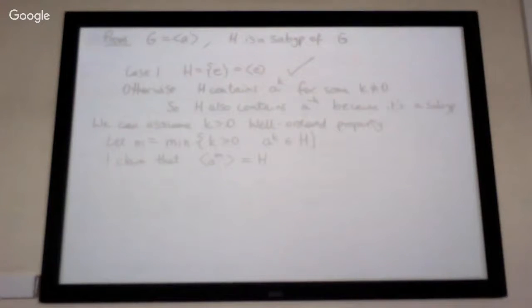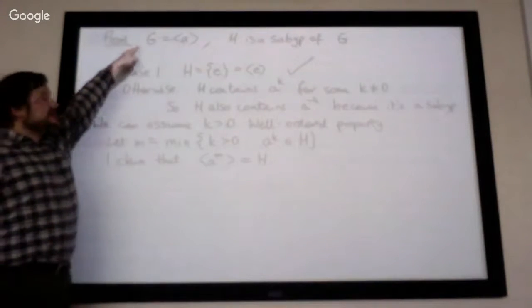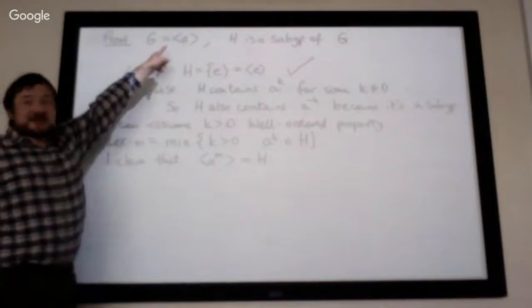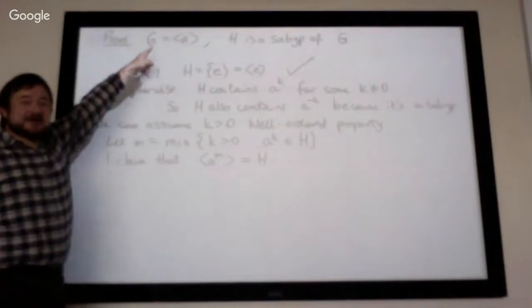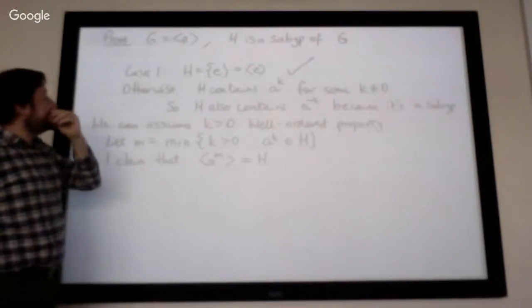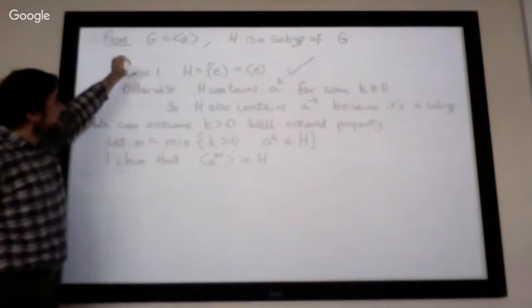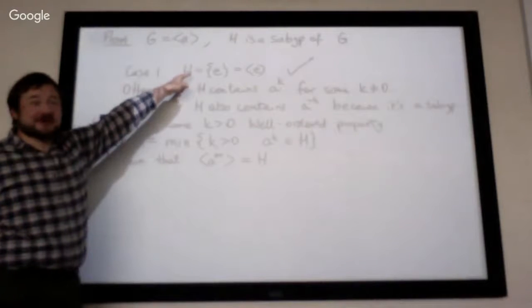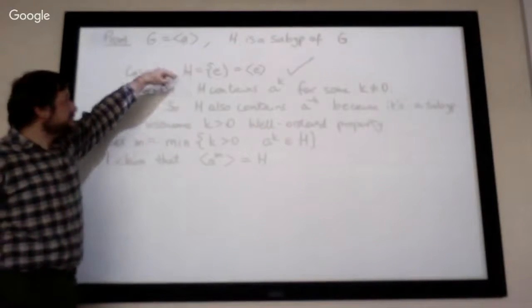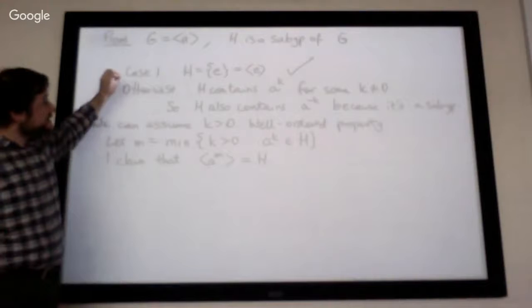The way we're proving it is, well, G is cyclic, so it's generated by a single element. And H is a subgroup, and we want to show that H is cyclic. One trivial case is where H is just the trivial subgroup with only the identity.